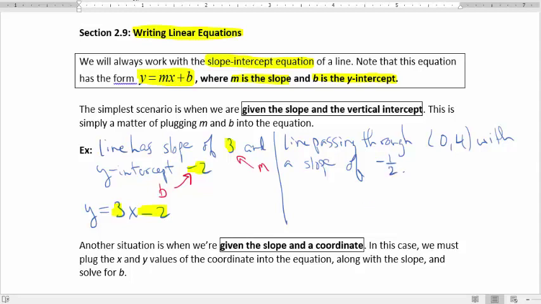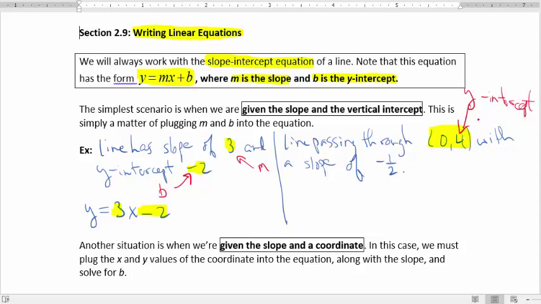Well, this actually is the same problem as we just had, because if we remember, (0, 4) actually is the y-intercept. Because remember when we did intercepts, we talked about the y-intercept was the value of y when x equals 0. So if x equals 0, that is the y-intercept.